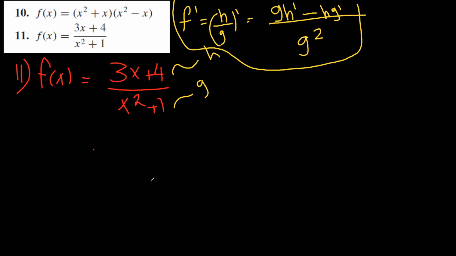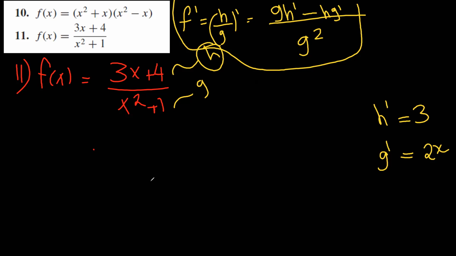The first step now, let's find g prime and h prime. h is 3x plus 4, as we named it here. So h prime will be 3, and g prime will be 2x.